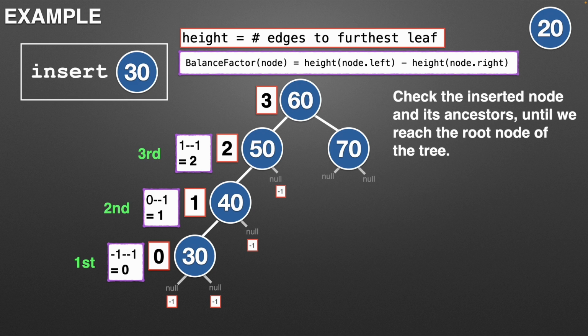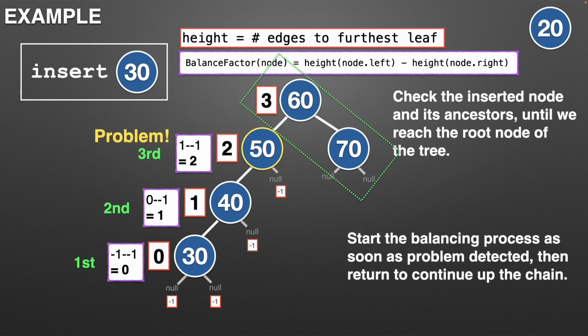And so we haven't reached the root yet, but because we found this problem here, we stop and fix it at this point. So what we're going to do is we've got this chunk of the tree here, and we don't care about this thing that's in the box right now. So we're going to just look at 50 downwards, because that's what we need to fix.